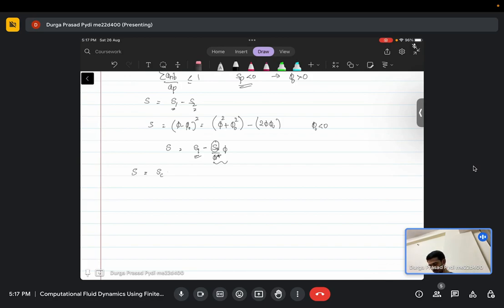Our criteria says SP should be negative. So we split into two parts, a positive part and a negative part. SP should be negative, so the negative part remains in SP and the positive part goes into SC.